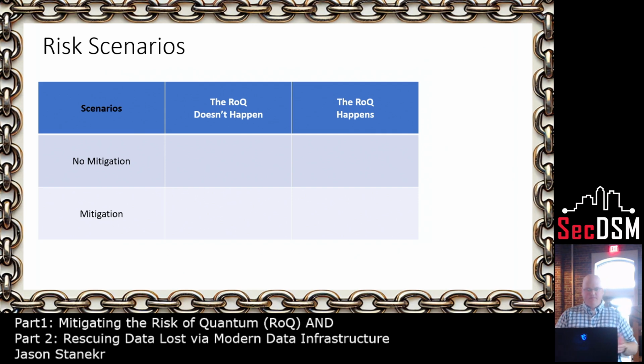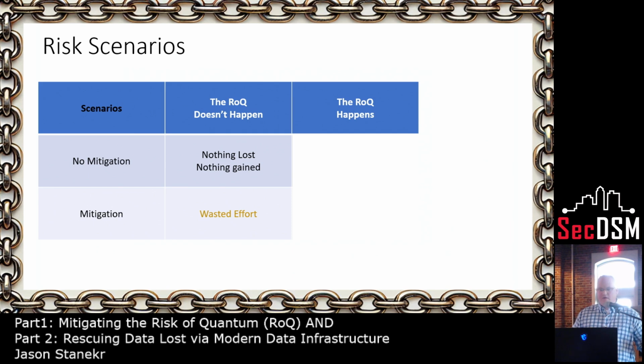And on the left, we either do nothing or we do something, all right? Now, what happens if there is no rise of quantum computing? Because that is technically possible, right? So if we don't do anything, we lose nothing, we gain nothing. On the other hand, if we do something, we might waste some effort, right?